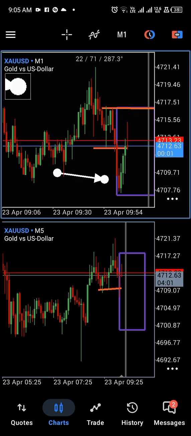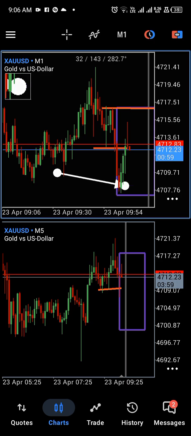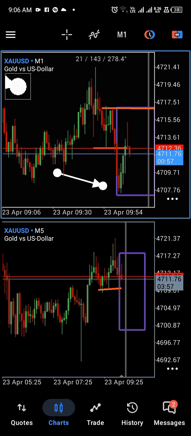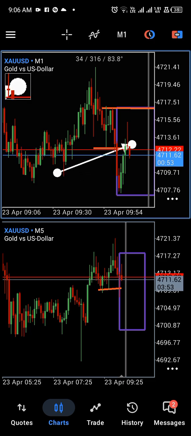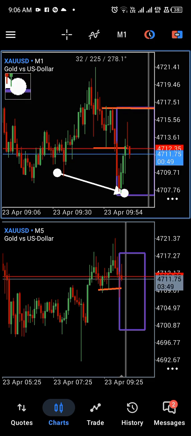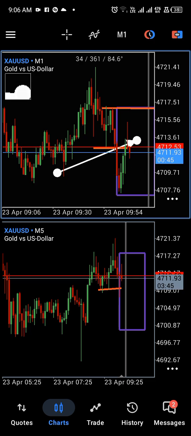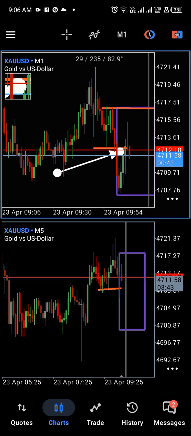So even this one here, because it is a pullback, I will also have it marked, because somewhere, not like I'm telling you, we will either take out this area or we will take out this area. If not, we will trade in between. And if we trade in between, it means sellers are in control because they are the ones that took out the structure.